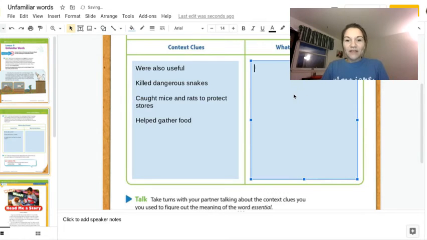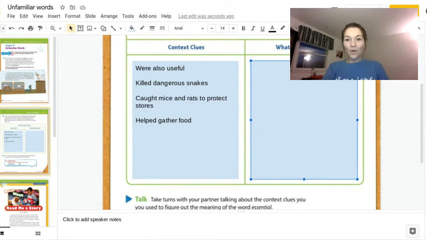All right, so given these context clues, I can tell that the word essential, when it tells me that they were essential to Egyptians, that means that they were very important to Egyptians. And they were really needed for them to be able to protect their stores and get food and survive.